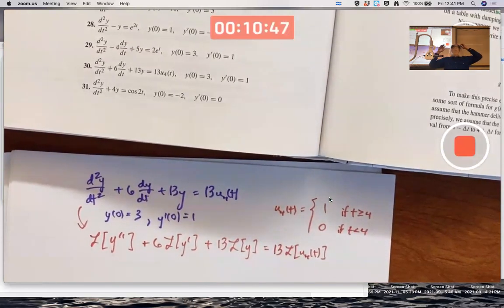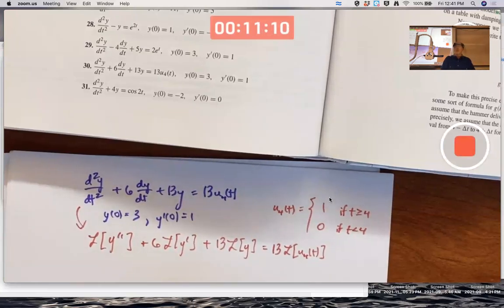Big picture. Where are we going with this? We're trying to solve the differential equation. We're trying to find little y as a function of t. You take the Laplace transform, you use its properties, and that often allows you to solve algebraically, with no calculus, for the Laplace transform of the unknown function y.